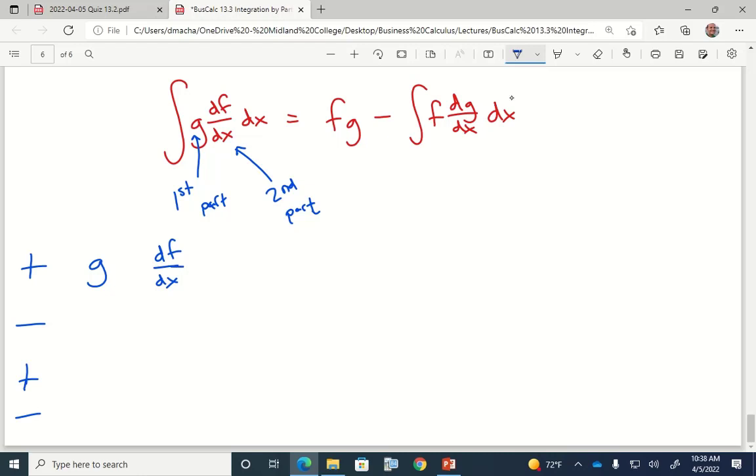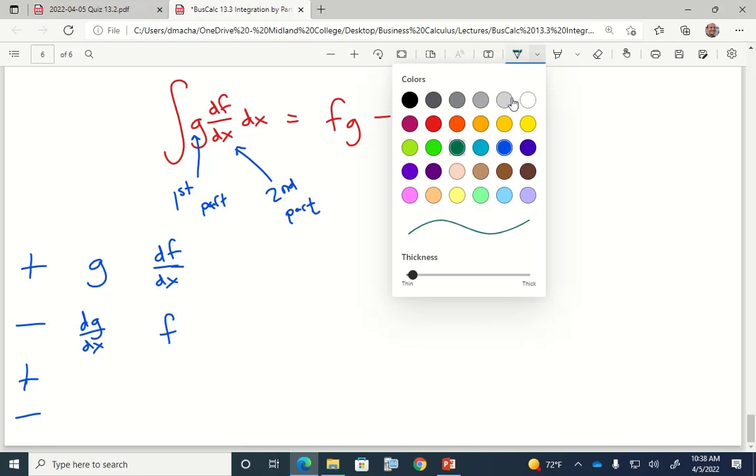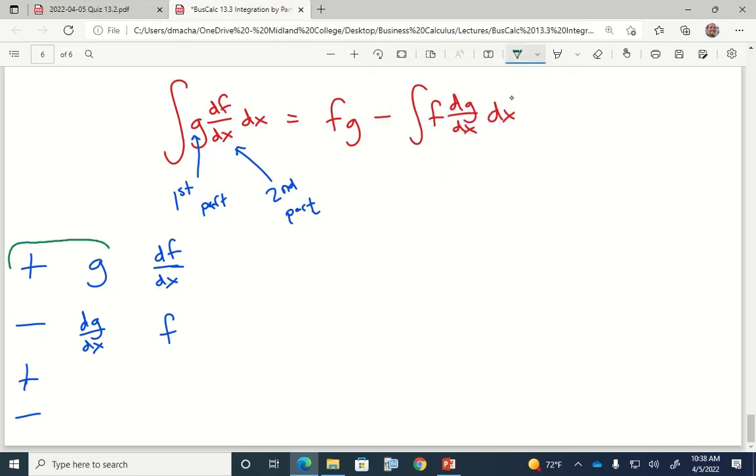And taking the derivative of g would be dg/dx, and taking the antiderivative of this would give me f. The way that we paired things up inside this table when we were ready to write our solution was sort of diagonally. So we would write plus f times g as the first term.